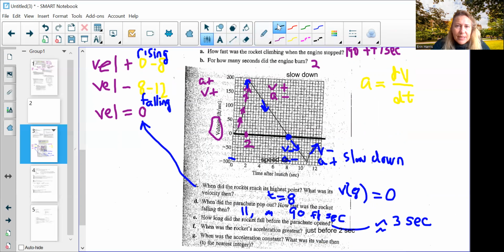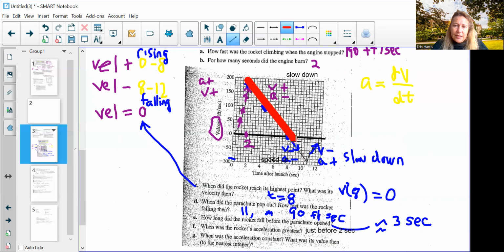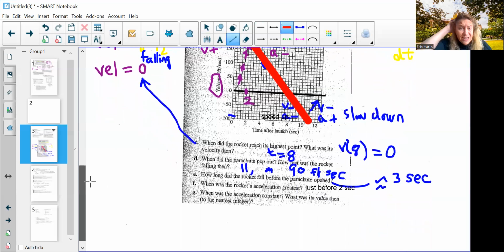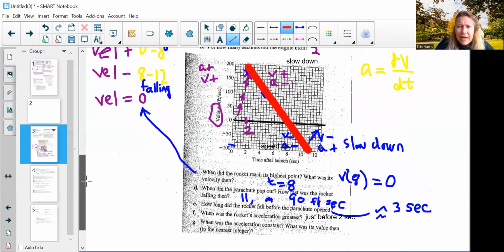Actually, let me mark it this way. I'll mark it like that, right through here. The slope is constant, therefore the acceleration is constant. So what is the value of the acceleration? That goes from about 2 to about 11 seconds.